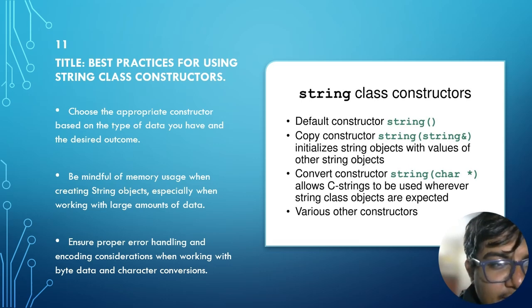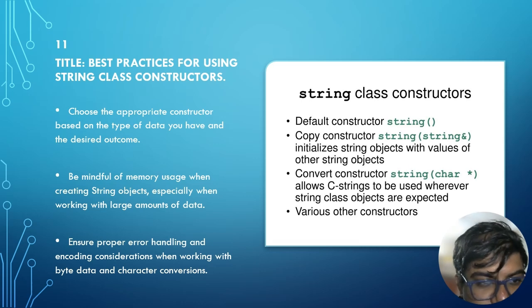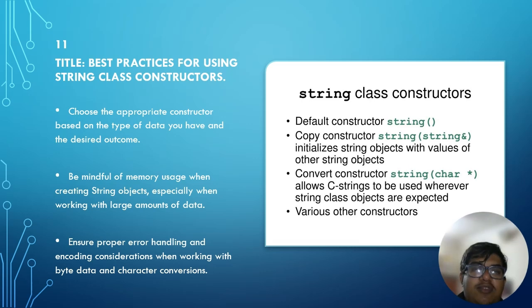So if you can do it with a byte array, try to finish it with a byte array. Don't go for a character array, or don't type more lines. You lose more memory if, instead of using a constructor, you try copying directly, and it takes more time and more space, which is not good. Also, using constructors helps in reducing the error handling work of your program.